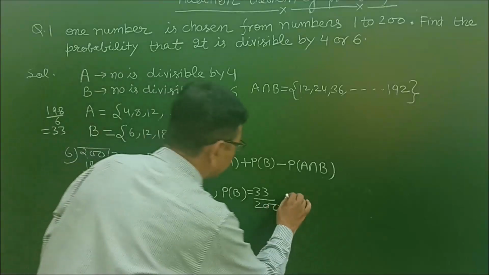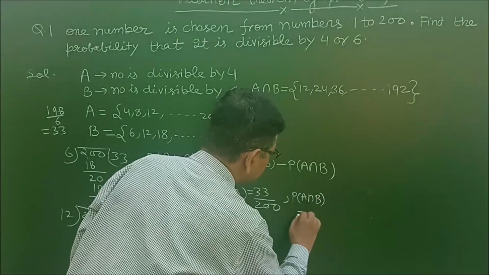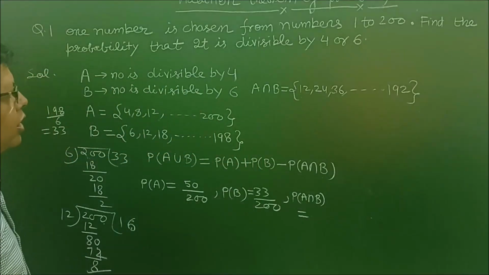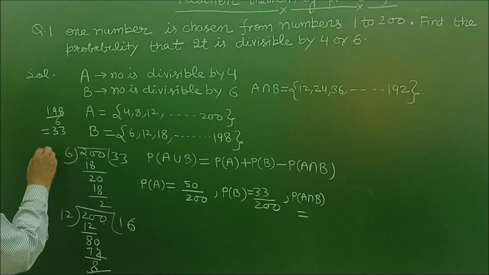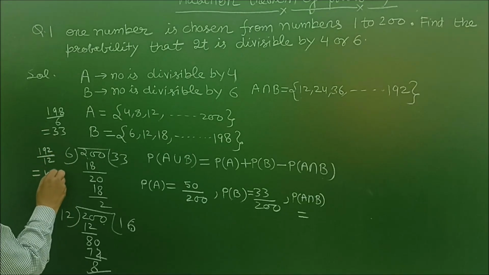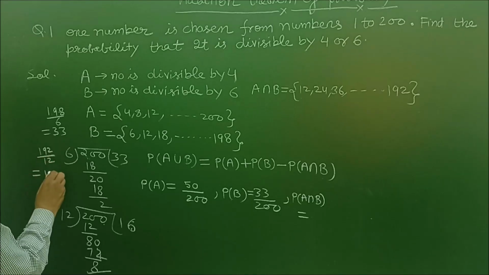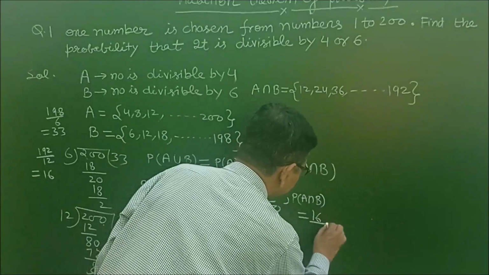Now probability of A intersection B: 12, 24, 36 up to 192. 192 divided by 12 is 16. So it is 16 upon 200.